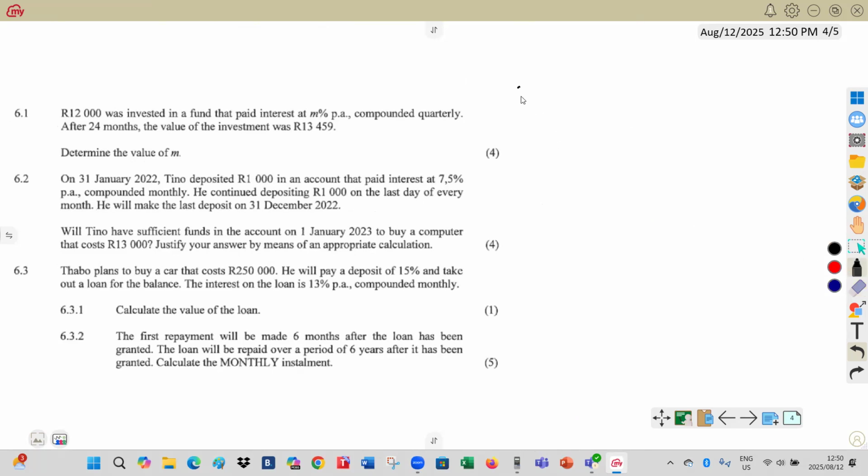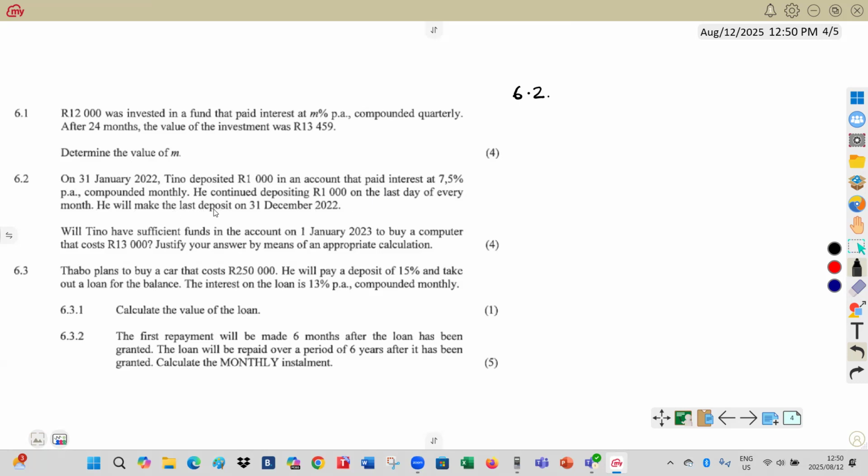So we are going to have our 6.2. On 31 January 2022, Tino deposited 1,000 in an account that paid interest at 7.5% per annum compounded monthly. Then you are told that he continues depositing 1,000 at the last day of every month.